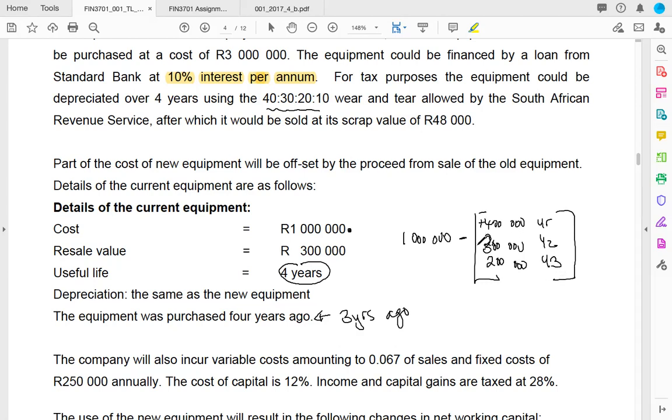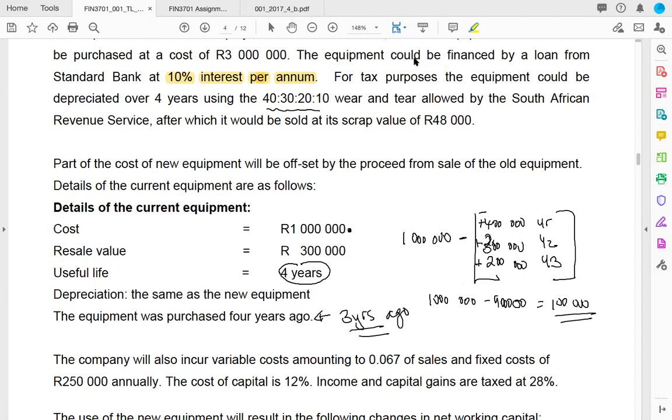So we would add these; this would be the accumulated depreciation. I'm just assuming as an example that we had been told the machine was purchased 3 years ago, meaning it still has 1 year of life, so its book value would not be 0. We would say 1 million minus 900,000, giving us 100,000, which would be the book value.